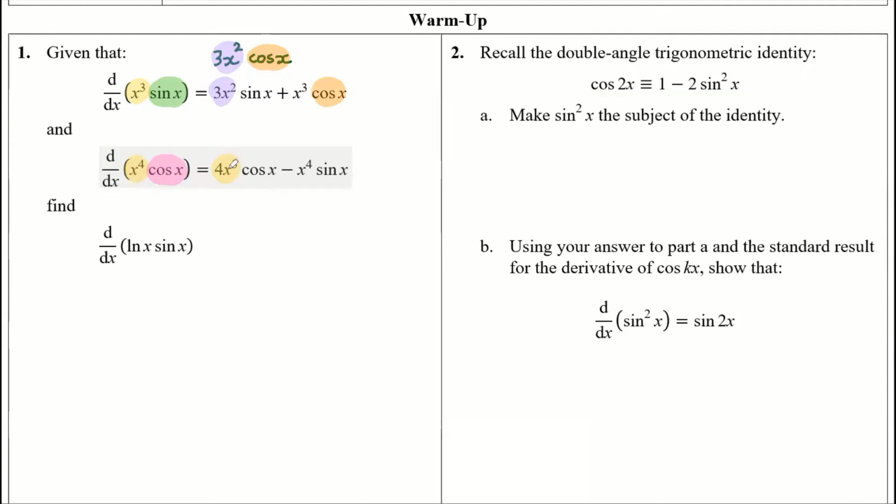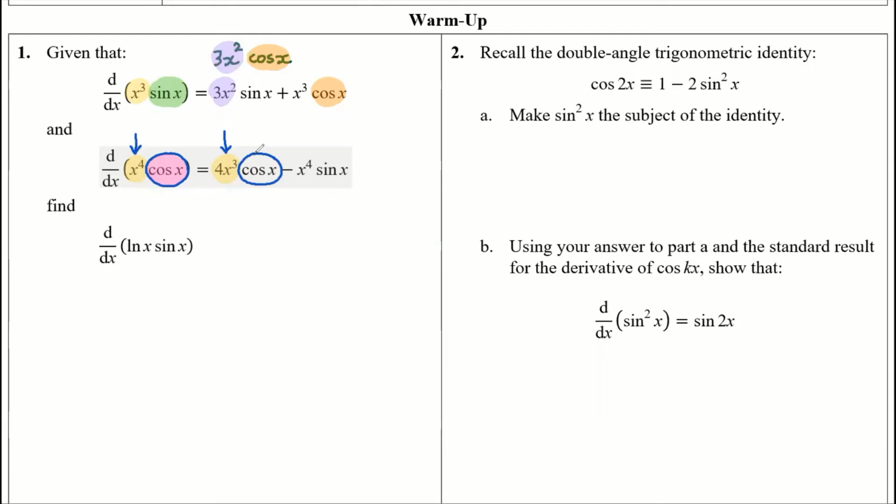But it's been multiplied by the cosine of x. So it looks as though I've got the derivative of the x to the power 4 written here. So they coincide. The derivative of the x to the power 4 comes first. Then we've got the cos x, and we just keep that as it is.